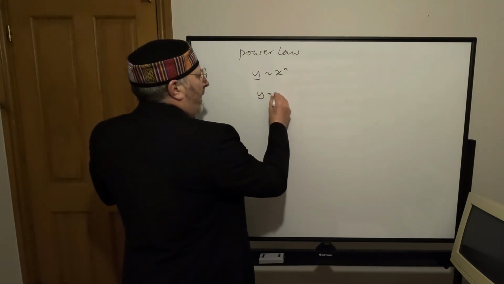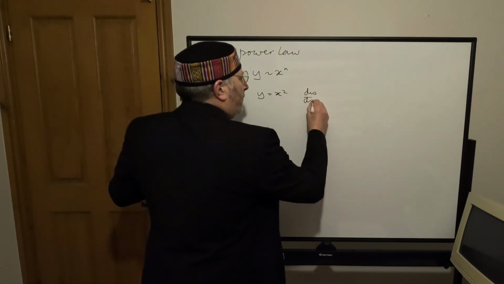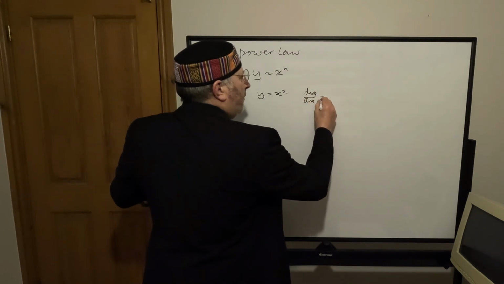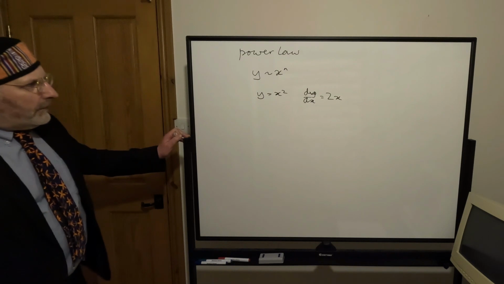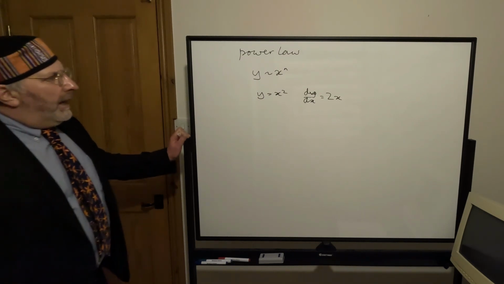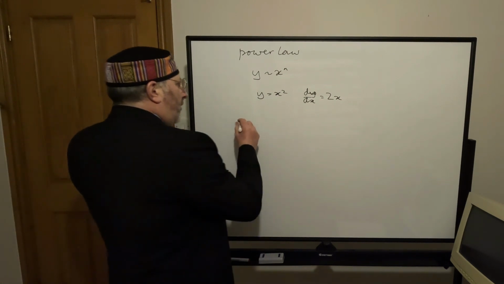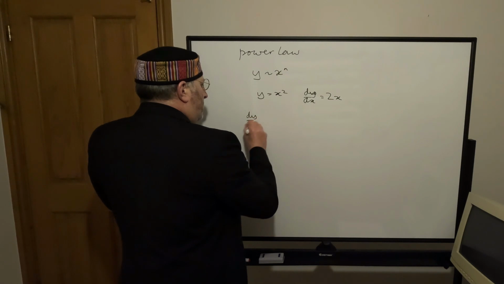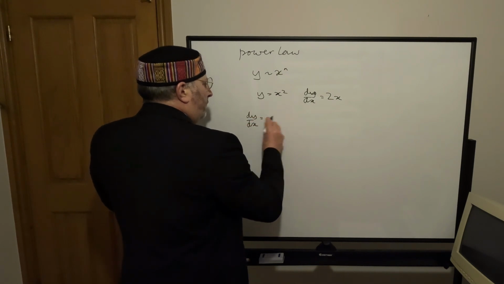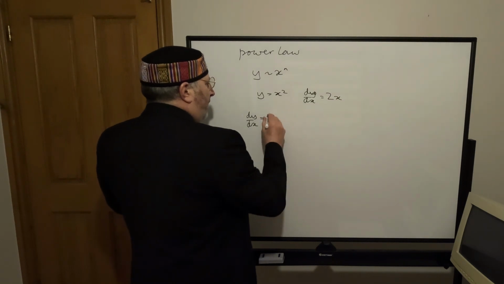When y equals x squared, we saw that dy by dx equals 2x. I hope you recall. And I'm just going to recap how we found it. So we said if y equals x squared, then dy by dx is equal to the change in y as we go from x to x plus dx.